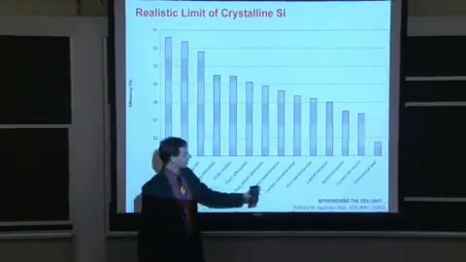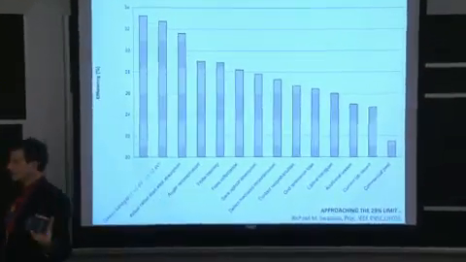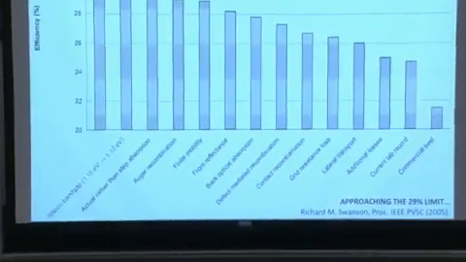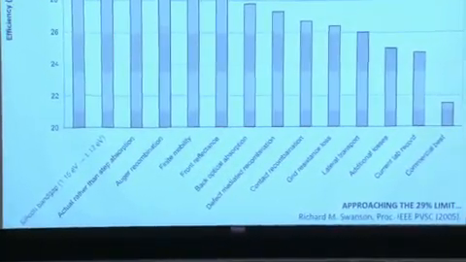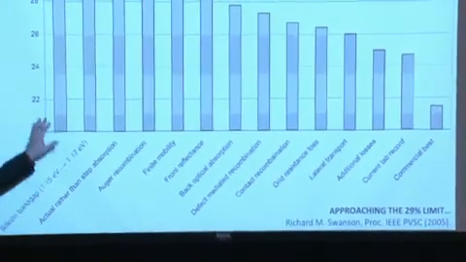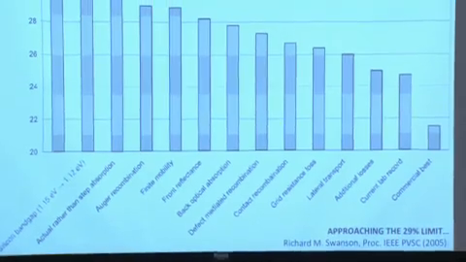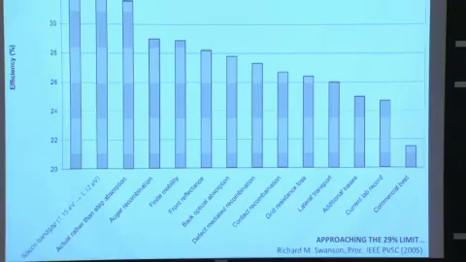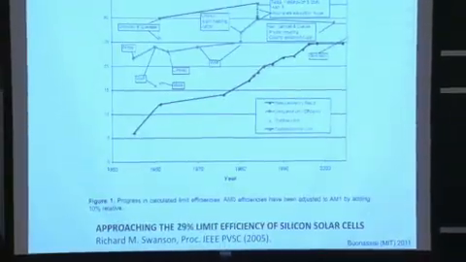We can see a variety of performance loss mechanisms that have been taken into account inside of the crystalline silicon devices. This was an invited talk by Dick Swanson, the founder of SunPower, a former professor at Stanford, who pulled this together. A very nice presentation. He speaks with authority because SunPower produces a high efficiency crystalline silicon solar cell device commercially.